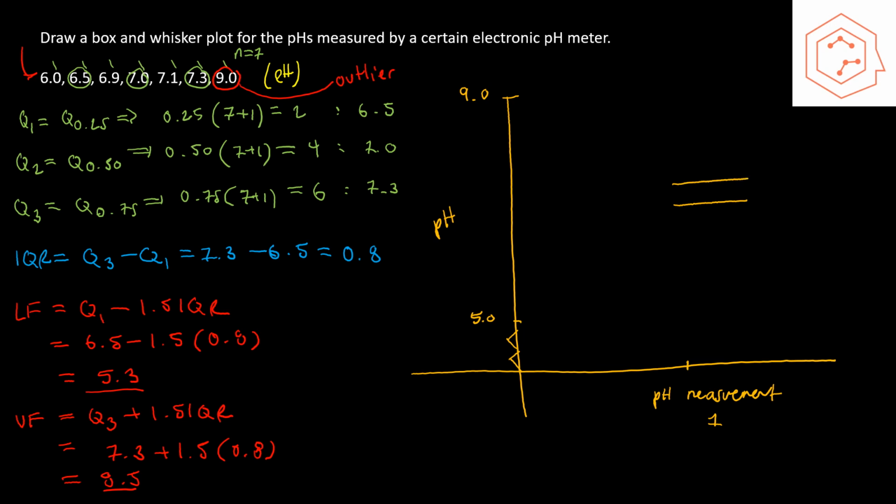Our first quartile is at 6.5, so a little more below the median. Then we can draw our box. Our fences are located at 5.3, so a little bit above 5. That's our lower fence. And our upper fence is at 8.5, so a bit below 9.